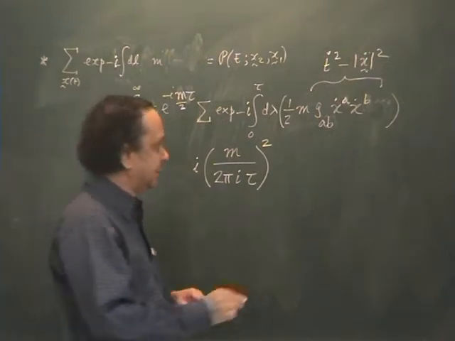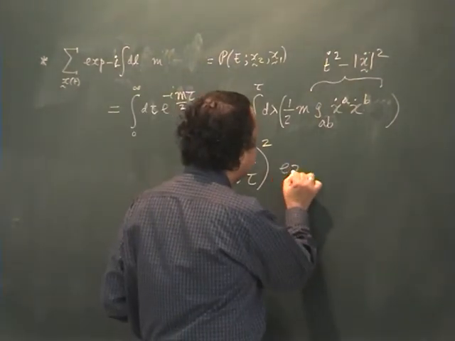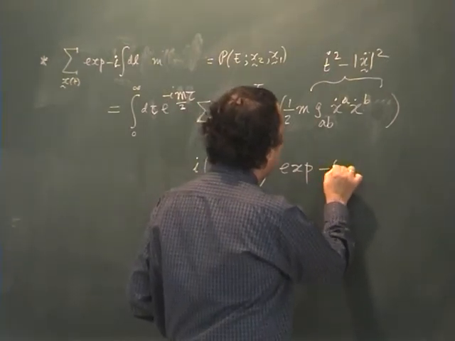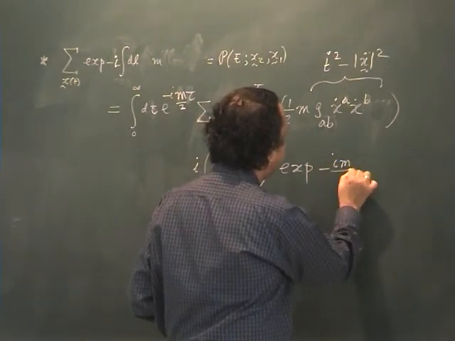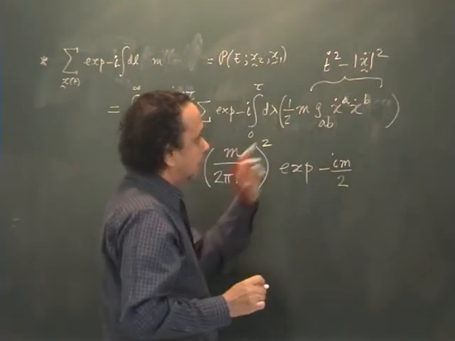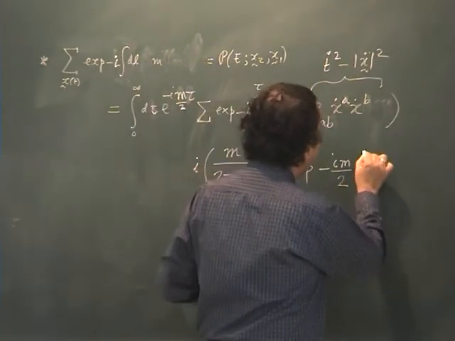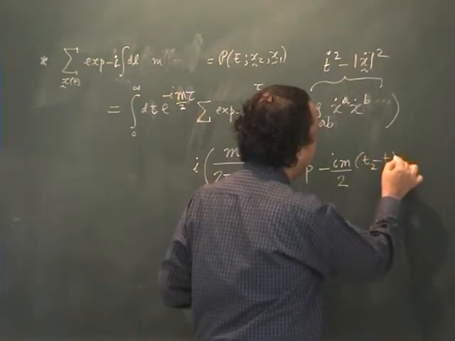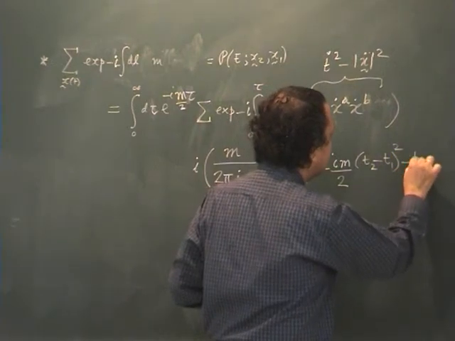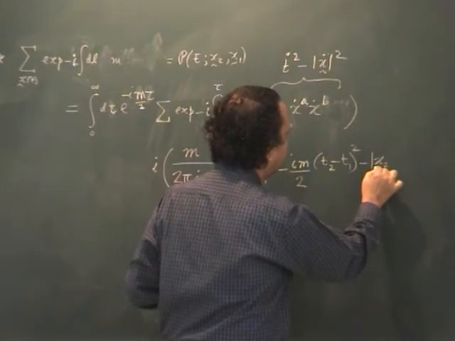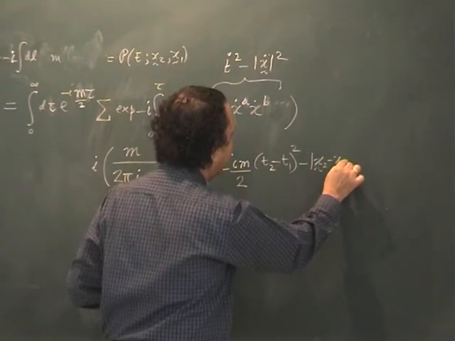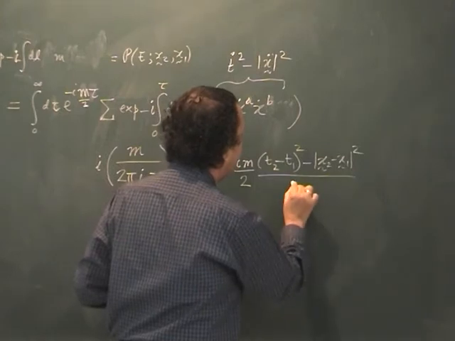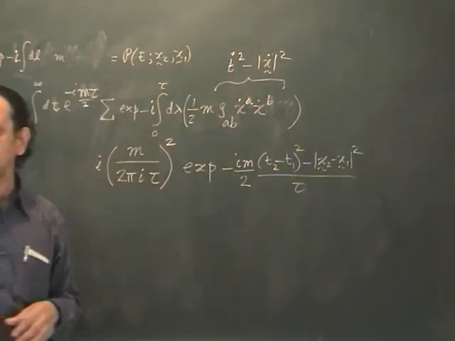This is the normalization. Then you will have exponential, the standard term, which is minus I m by 2, t2 minus t1 the whole square minus x2 minus x1 the whole square, the whole thing divided by the time interval tau. Okay.